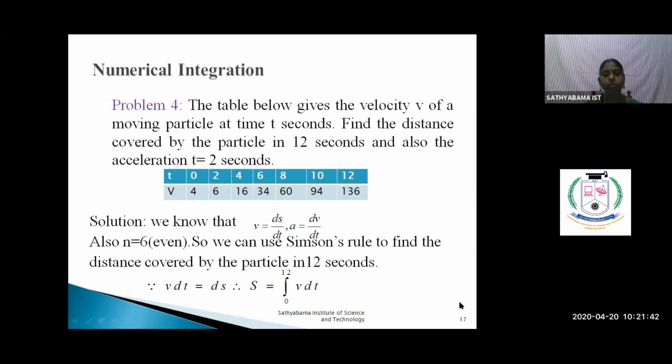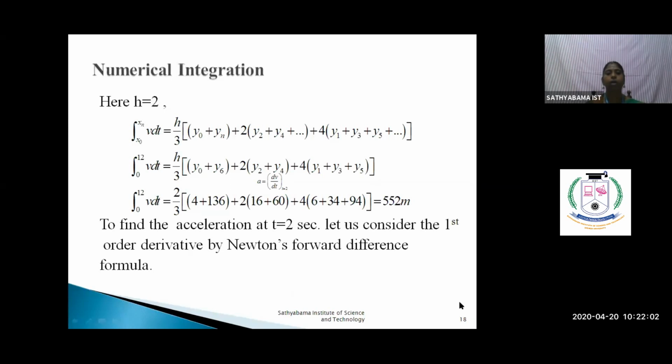So n equal to 6, that we have identified. So I can use all three formulas, and I told you which one gives the appropriate result among the three. Simpson's 1/3 rule will give you the appropriate result. But that is your wish; we can use any one among the three. So I have used Simpson's 1/3 rule.